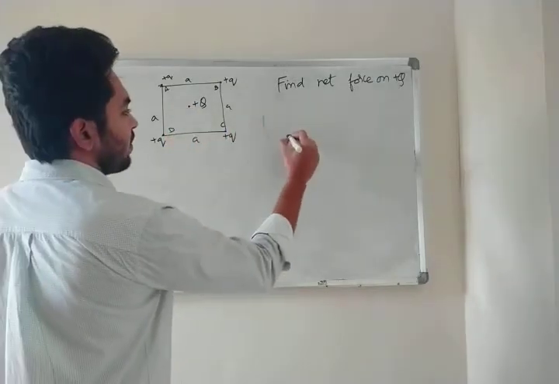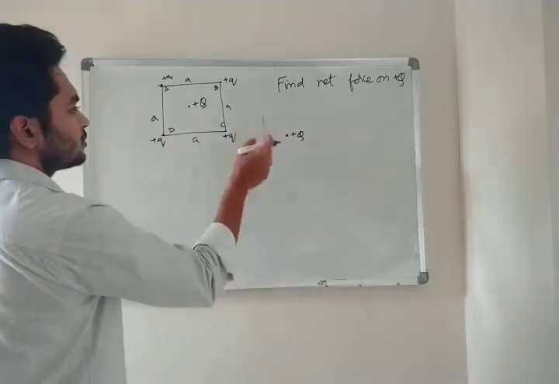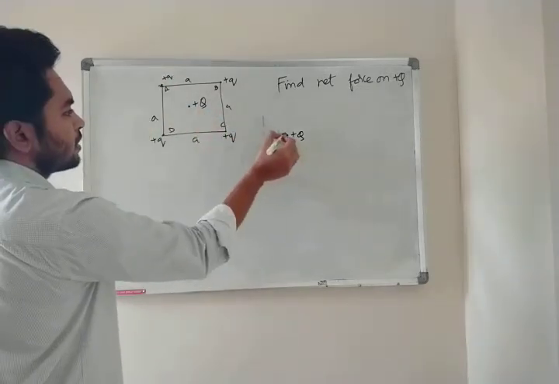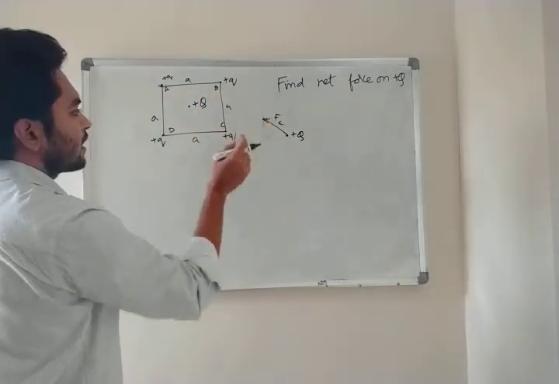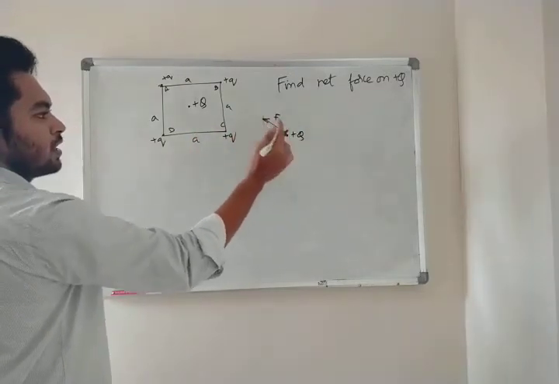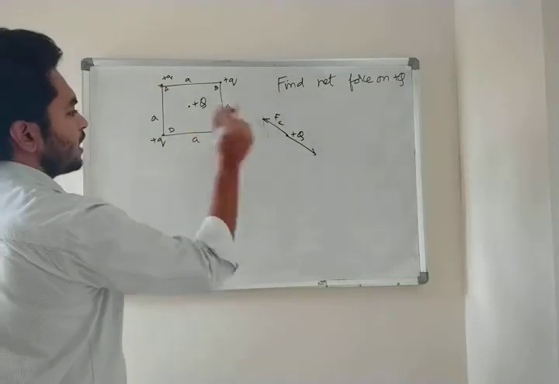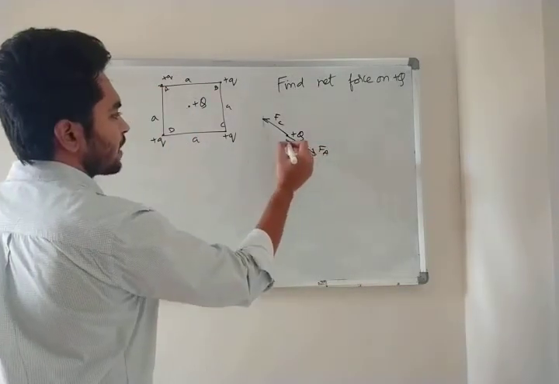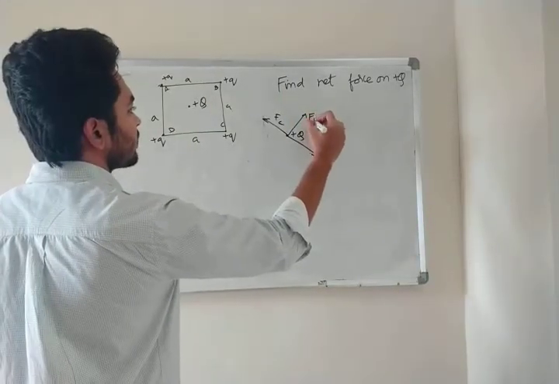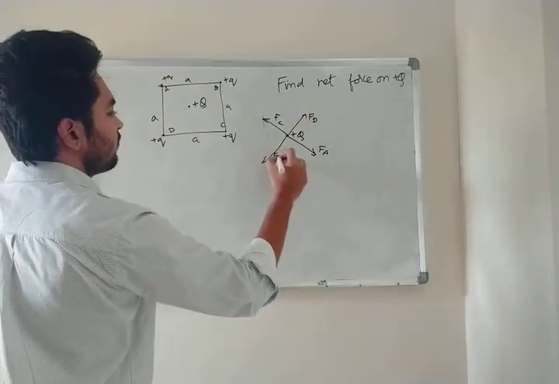This is our positive Q, right? So this Q will repel this. So this is FC, the force on plus Q due to C, and due to A, this is FA, and this one due to FD, this one due to FB.